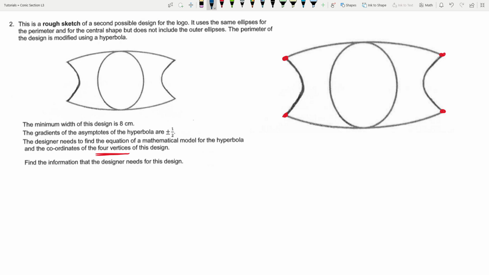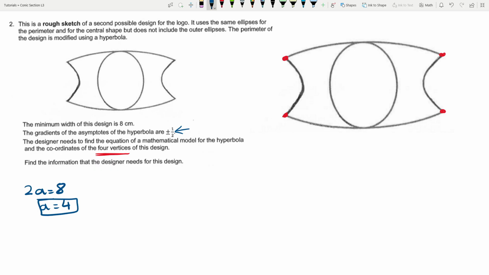So they tell us that this is the asymptote. Let's just see what we know to get us started. So we know 2a is 8, right? Therefore 4 is the a value. So how do we know this?